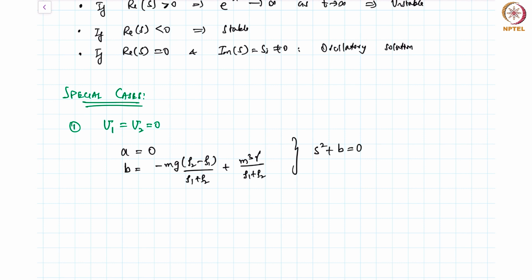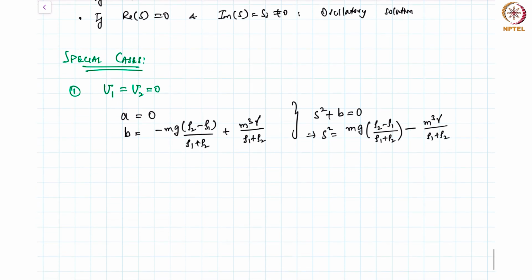That's the dispersion relation, and therefore s square essentially becomes minus b, and what is that? It's just mg of rho 2 minus rho 1 by rho 1 plus rho 2 minus m cube gamma by rho 1 plus rho 2.